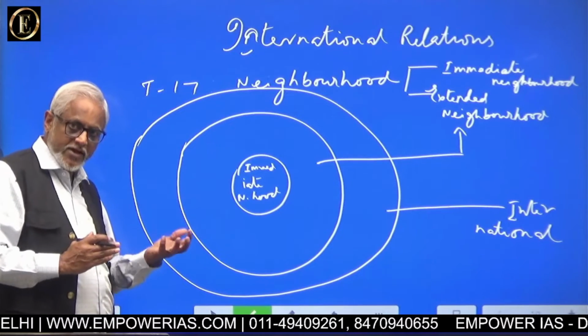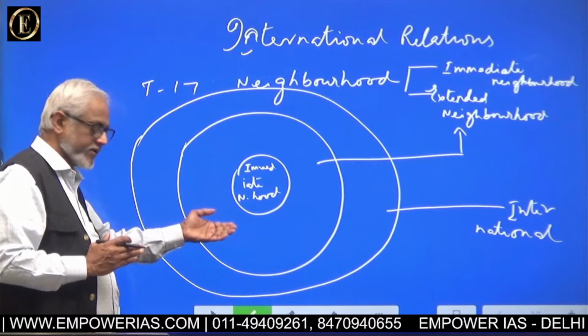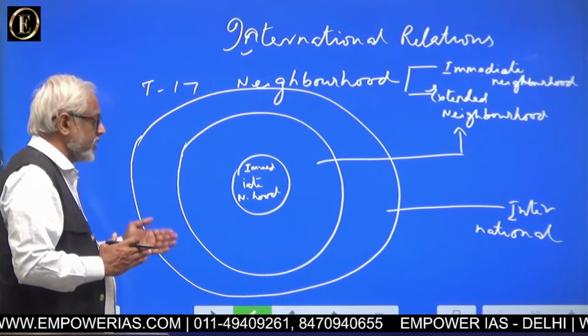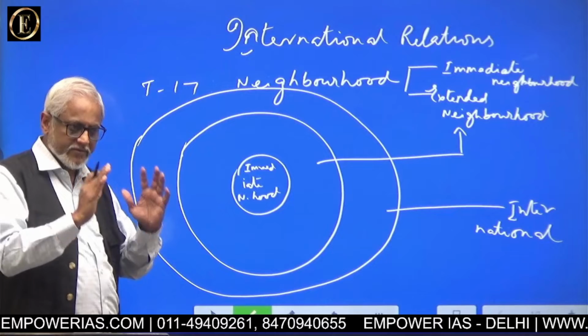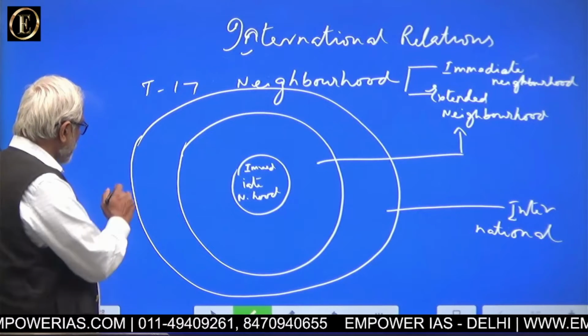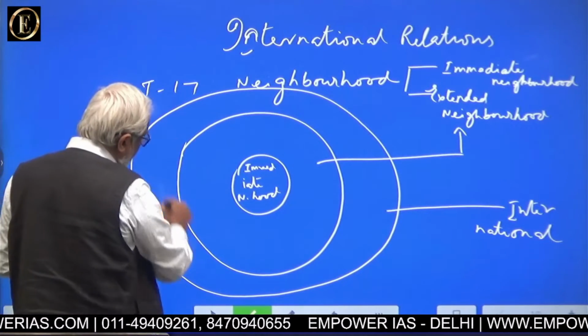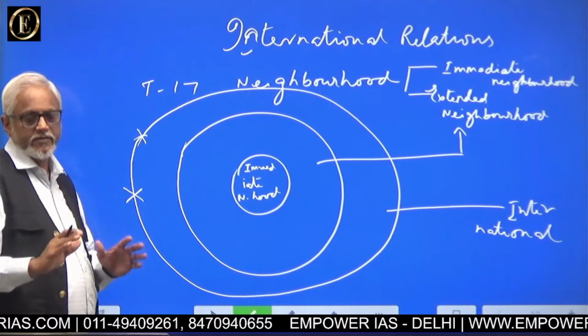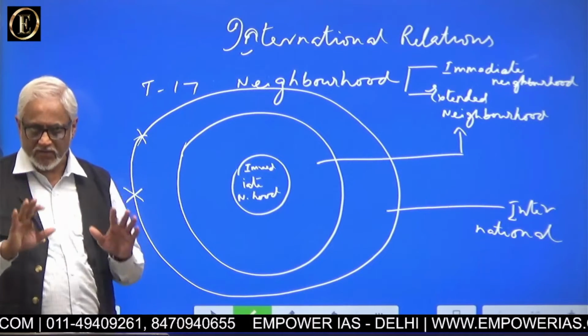Whatever India's relations or India's focus for immediate and extended cannot be identical or similar to the rest of the world. So when you are discussing neighborhood, we will not go into this part because this will come in other areas, but these two circles will definitely be coming within that purview, within that canvas.